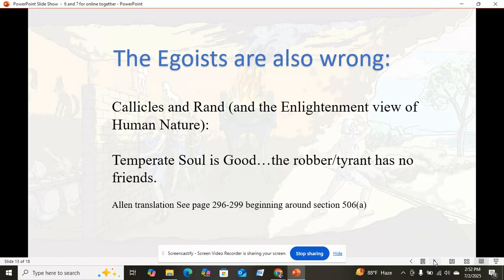You should do what you want. In contrast, Socrates says no, the temperate soul is good, the person who's temperate and law abiding is a good person. If you're not that way, the robber, the tyrant, they have no friends.